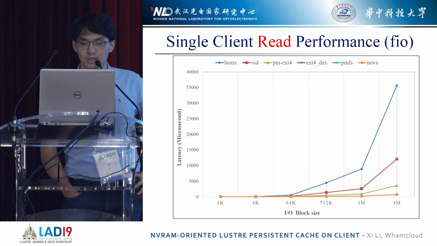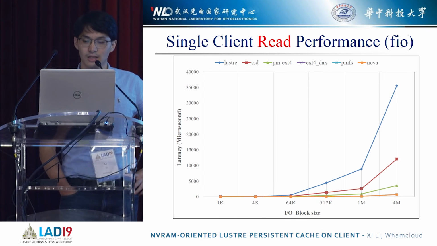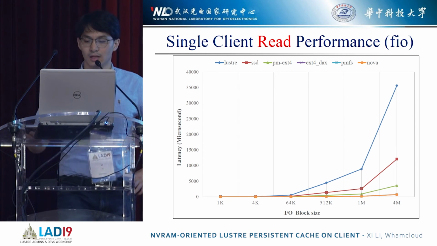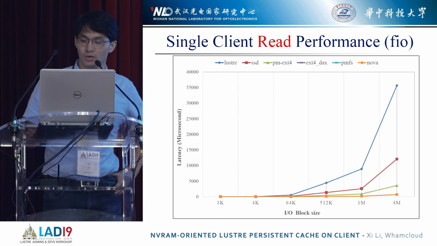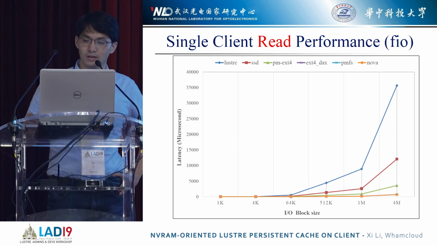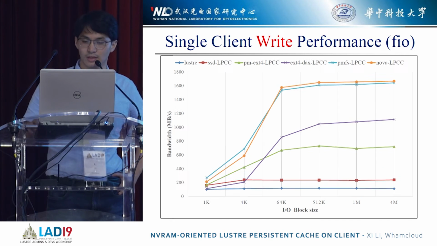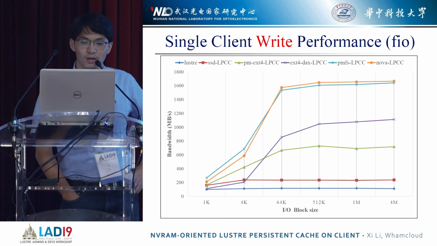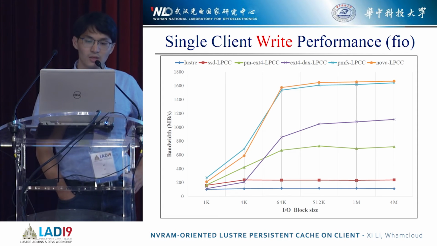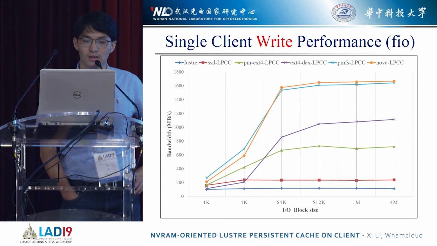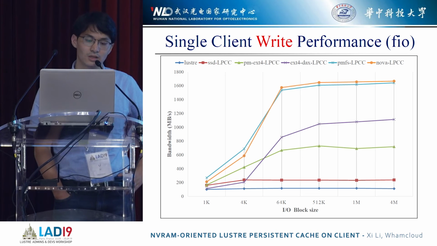We can see similar things for the latency. Lustre obviously has higher latency, right? Because of the storage and the network, and Nova and PMFS have very little latency. And we can get a similar conclusion from the single client write performance.